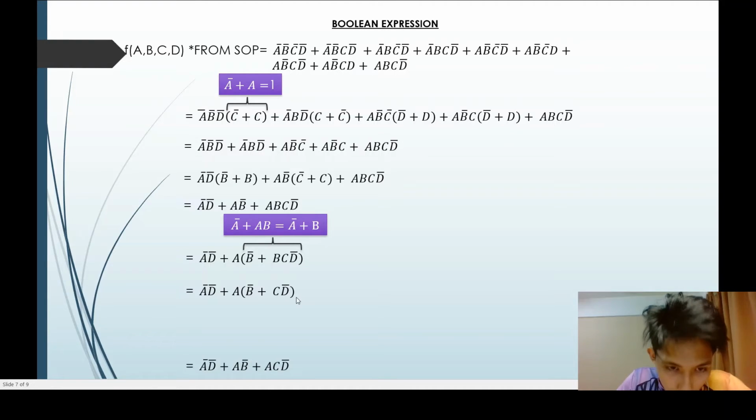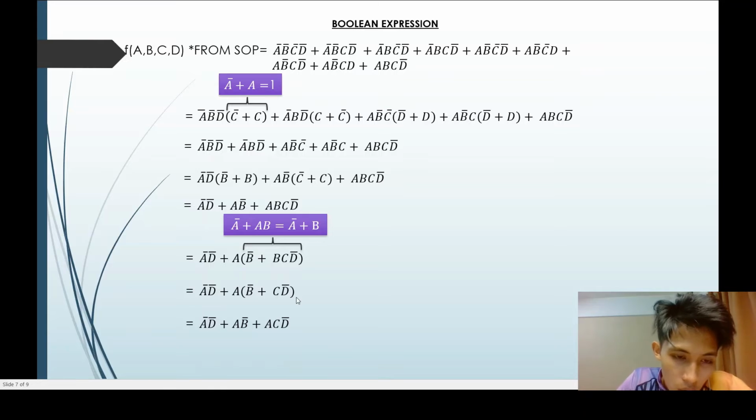So next we expand back for the bracket. We will get A bar D bar plus A B bar plus A C D bar.